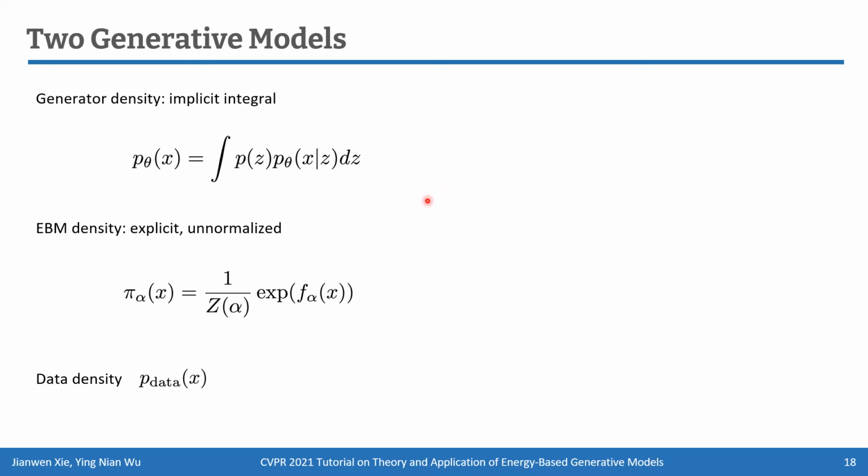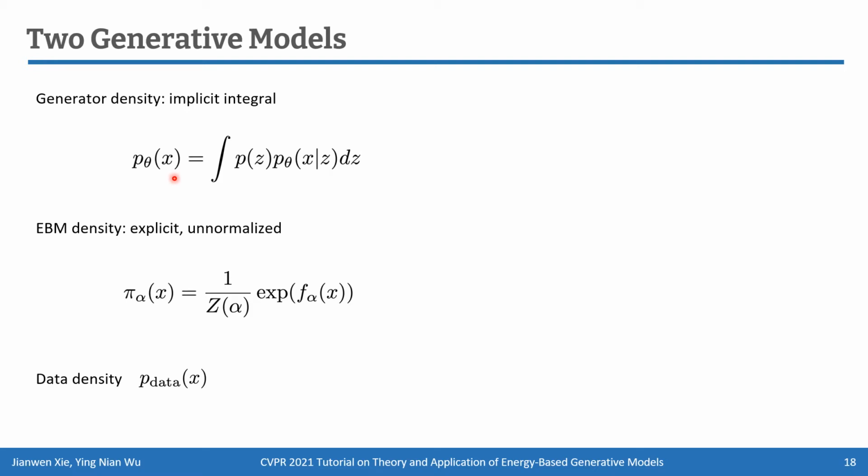So with the above preparation, we are now ready to present the cooperative learning method so that we can learn both the generator and the energy-based model in a cooperative way. So the generator model, we denote this as p of theta x, where we use theta to denote the parameters for this top-down mapping.